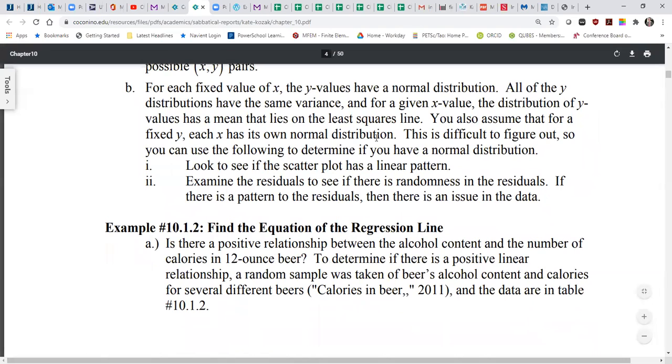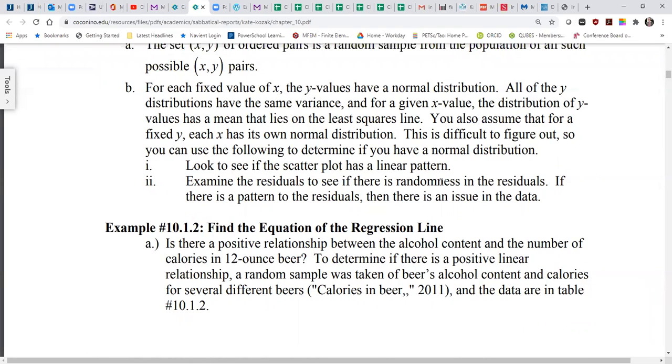It is difficult to figure out, so you can use the following to determine if you have a normal distribution. First, look to see if the scatter plot has a linear pattern, and two, examine the residuals to see if there is randomness. If there is a pattern in the residuals, then there is an issue in the data.